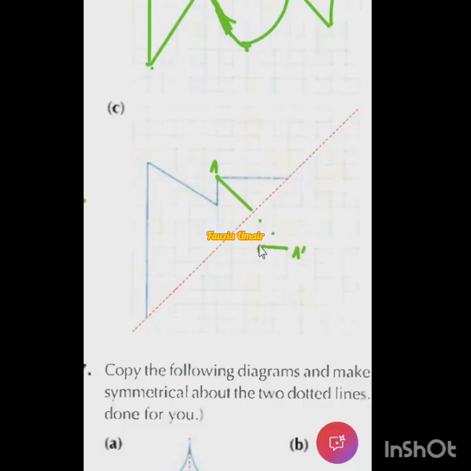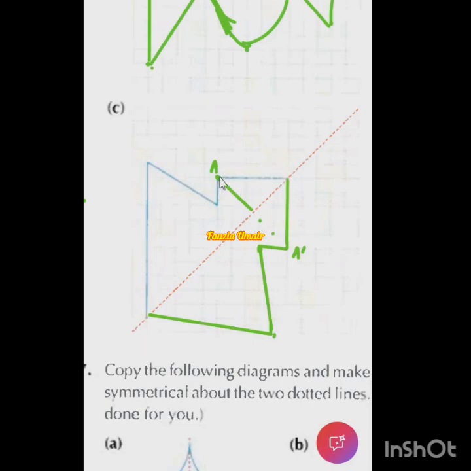So you will connect them like this, and then you will draw this point somewhere here. Then you will join these. Are you getting the point? So if the line of symmetry is diagonal, then you need to mark the reflection of a few points to understand it.